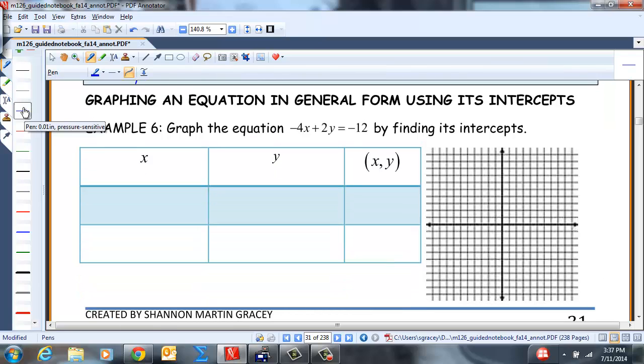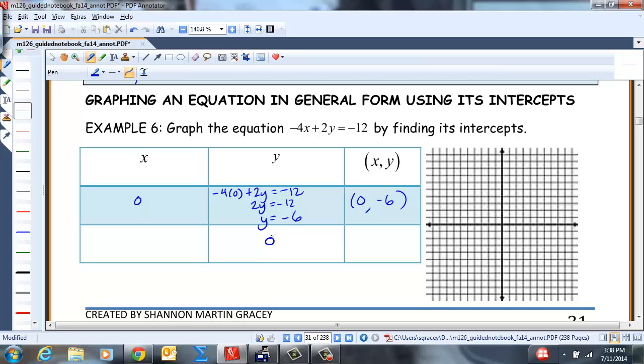Right? So if I let x be 0, y will be: -4 times 0 plus 2y is -12. So I would get 2y is -12, and y would be, good, -6. So I'd have the ordered pair (0, -6).